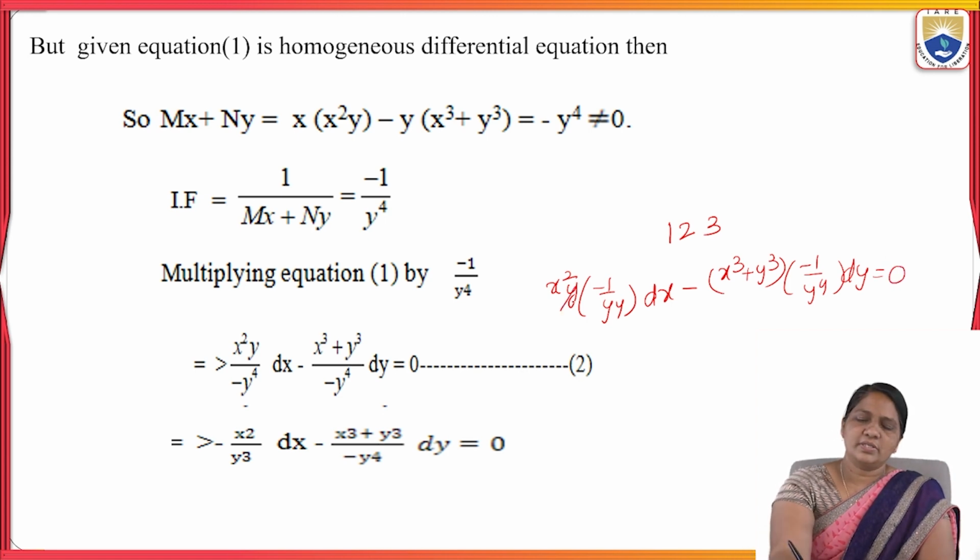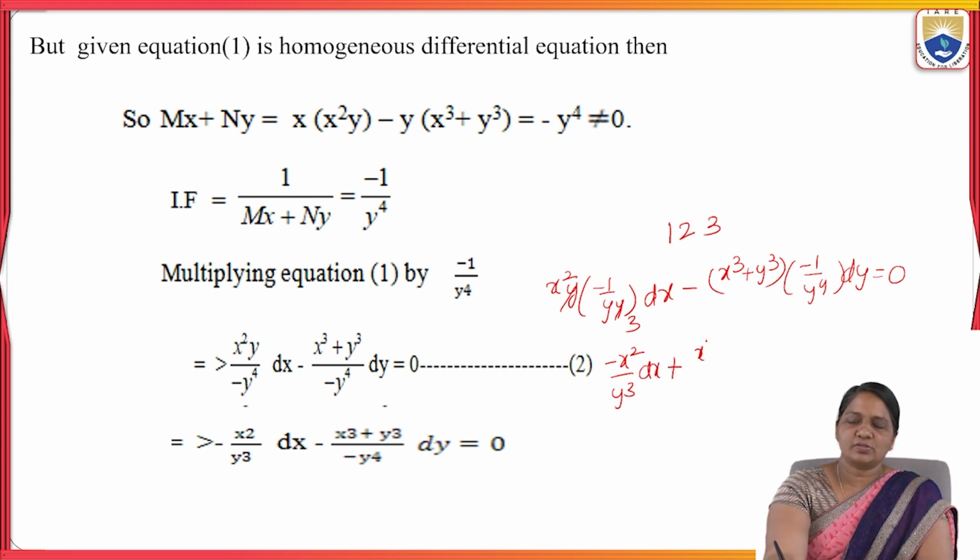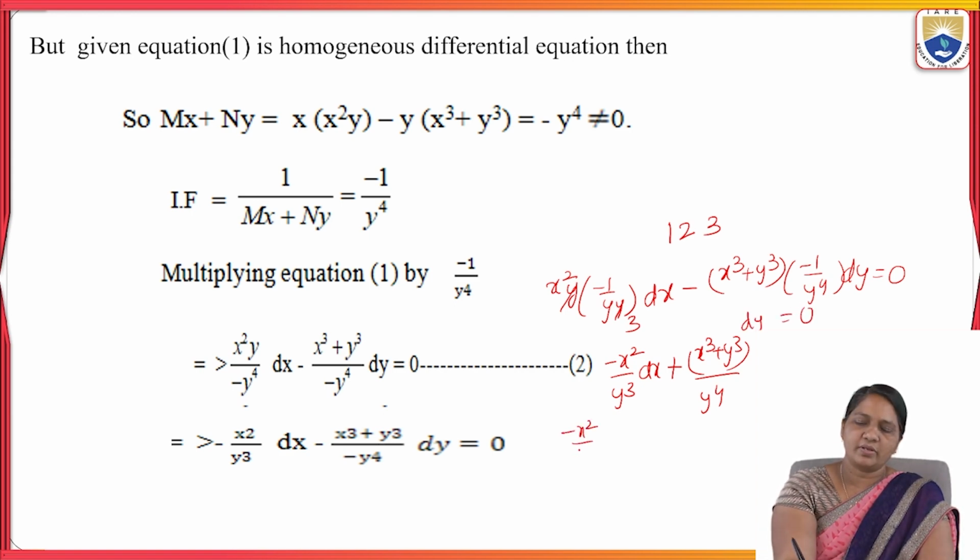Now this will be cancelled. So minus x square by y cube into dx plus x cube plus y cube by y power 4 into dy equal to 0.